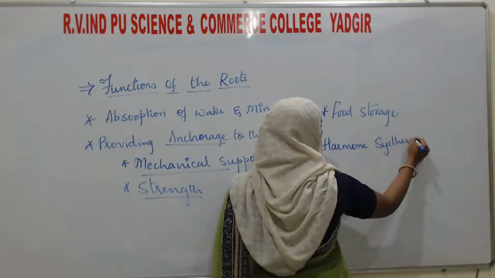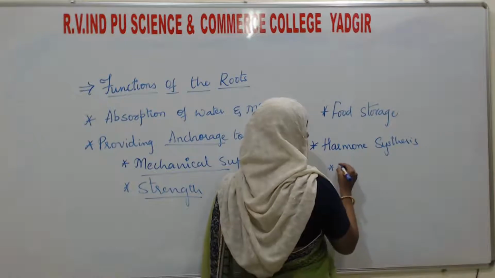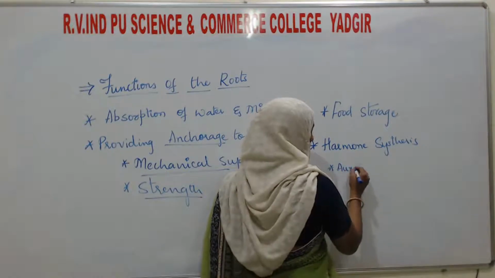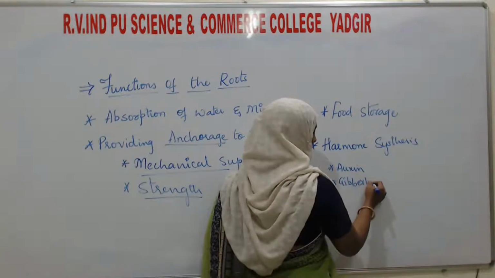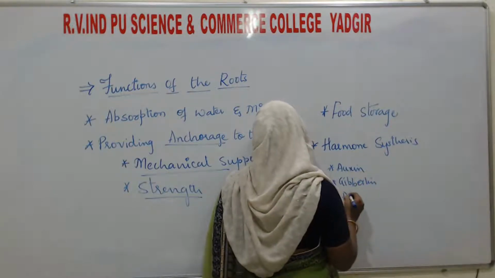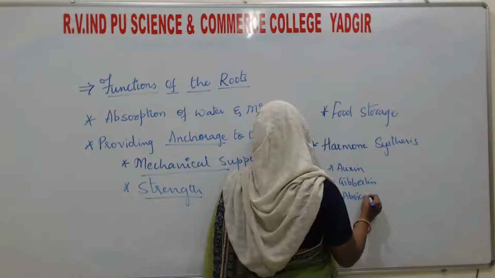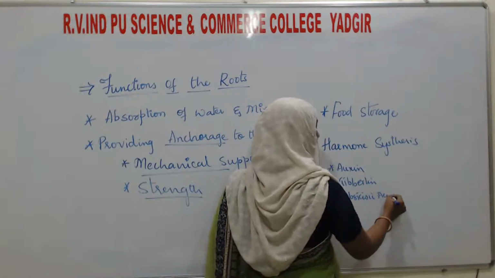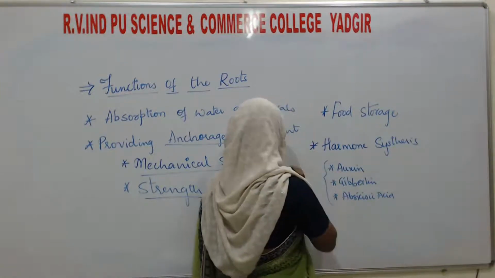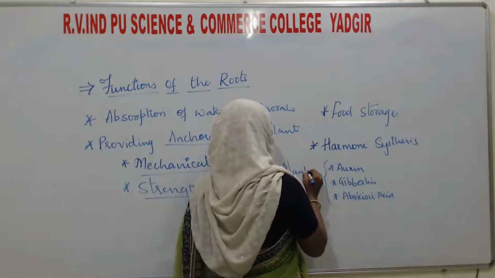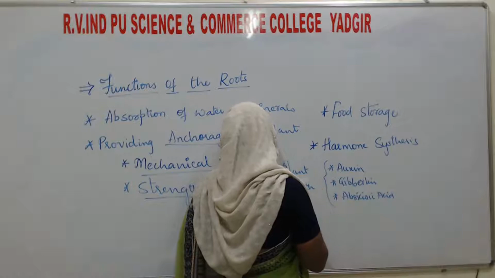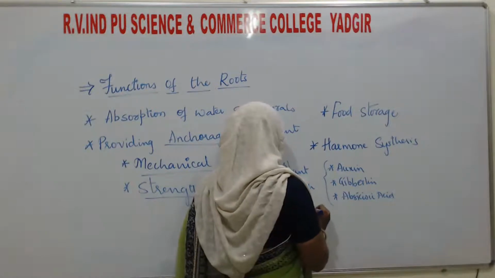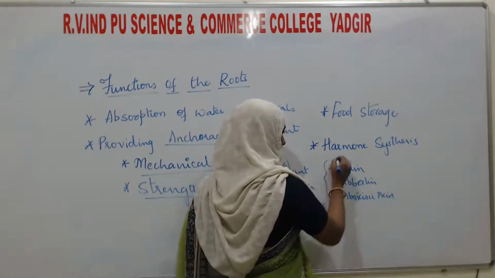Hormones such as auxin, gibberellin, abscisic acid, or else we can also call them plant growth regulators. So all these things are hormones.